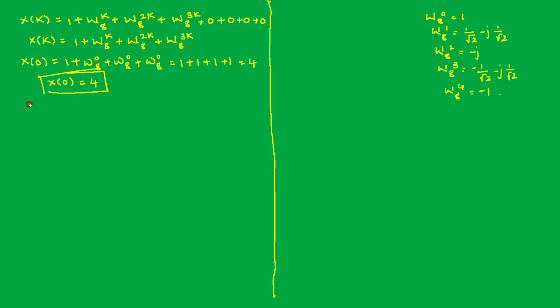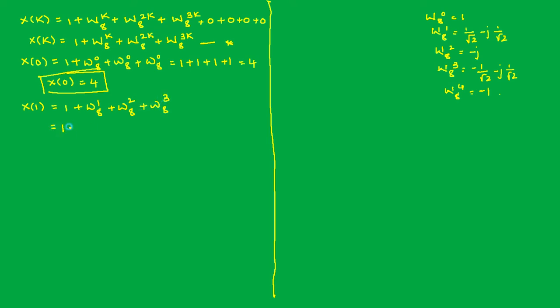Then for the next sample, for k is equal to 1, I will write x of 1, and in this expression you have to substitute k is equal to 1. So 1 plus w8 1, because k is equal to 1. Next w8 2 into 1 is 2, plus w8 3 into 1 is 3, right?